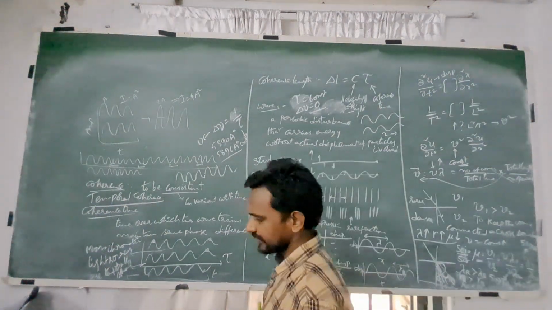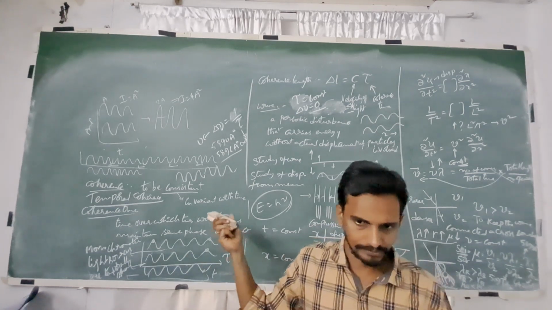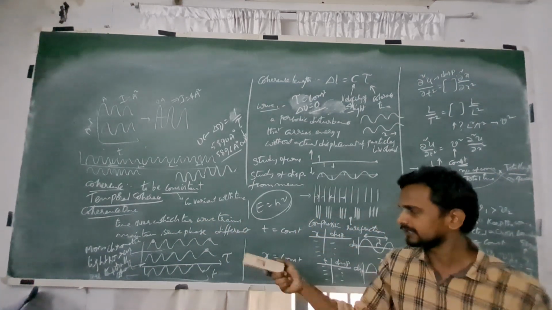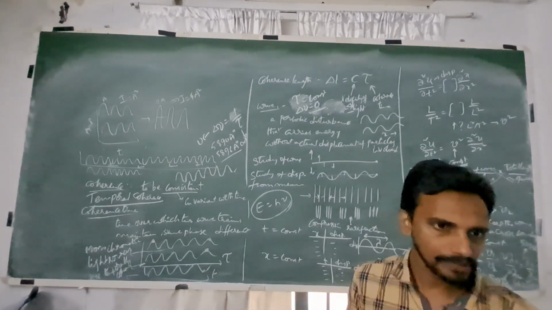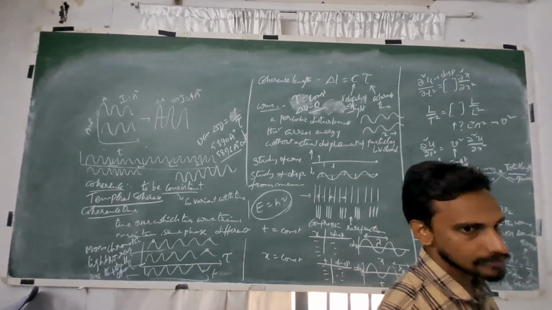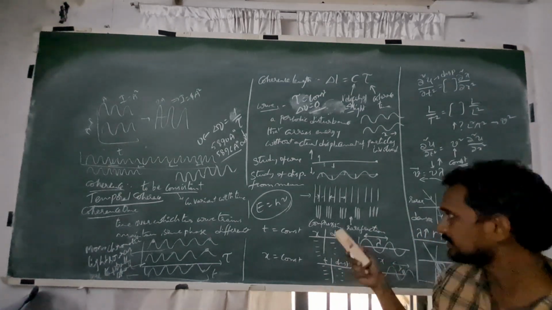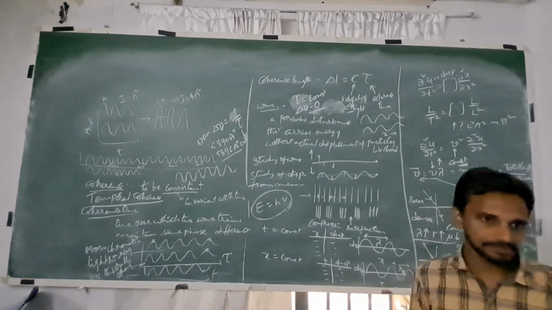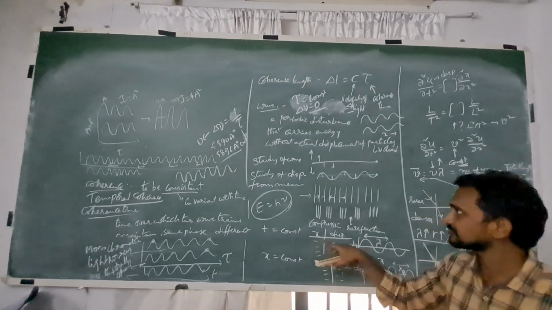Right. And so in the previous session we have seen about temporal coherence, the coherence in time domain, and we have seen about study of waves. So waves can be studied as a function of time and as a function of displacement, I mean as a function of space.